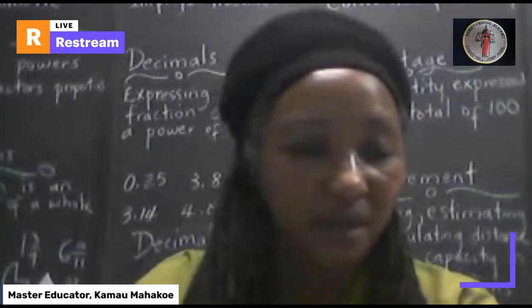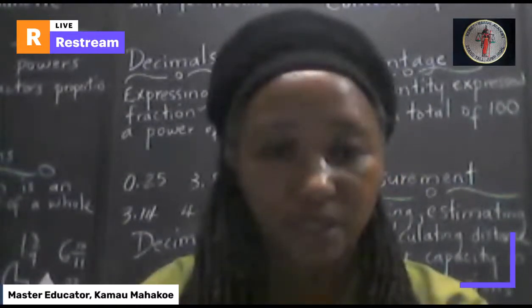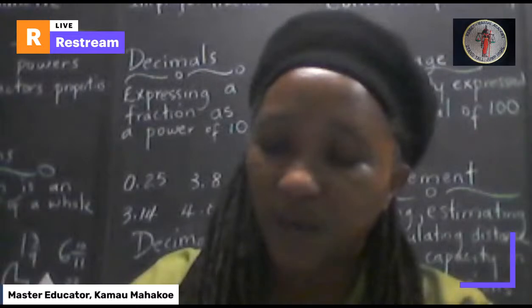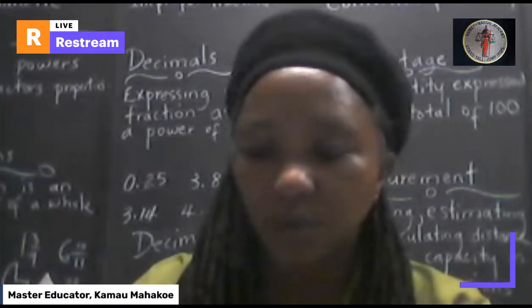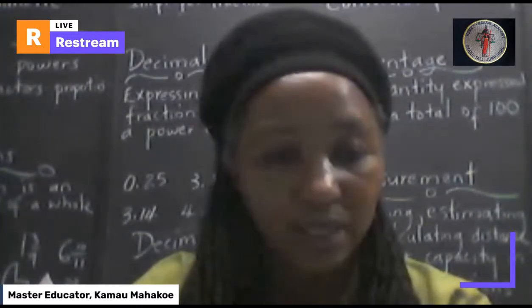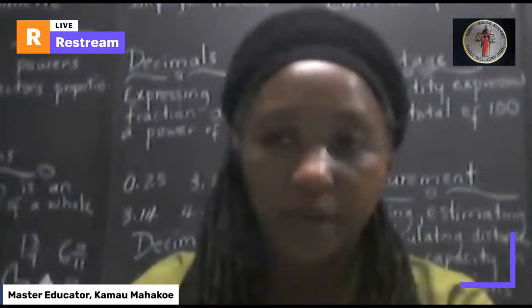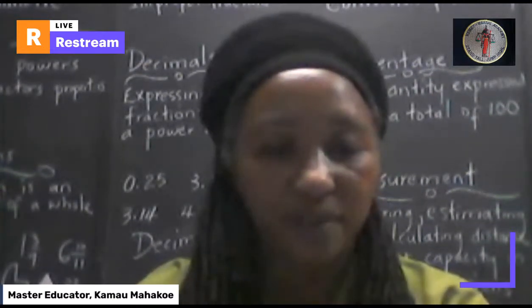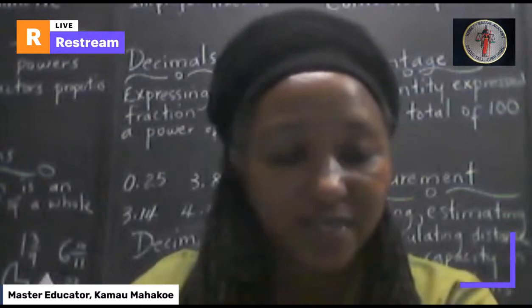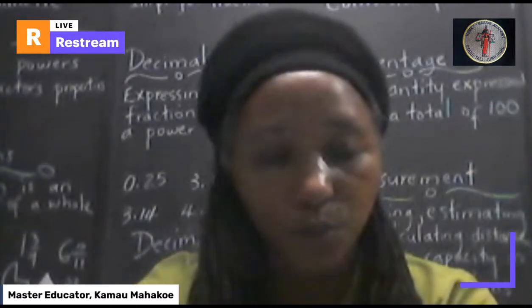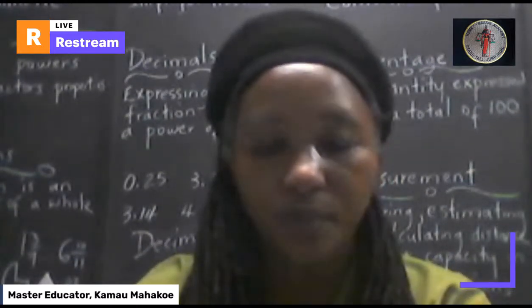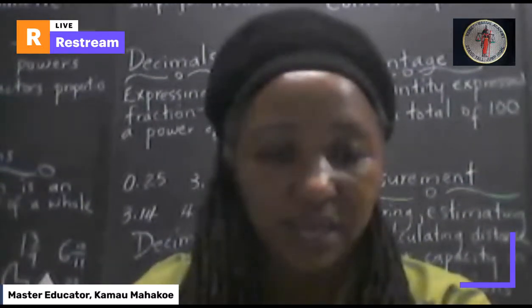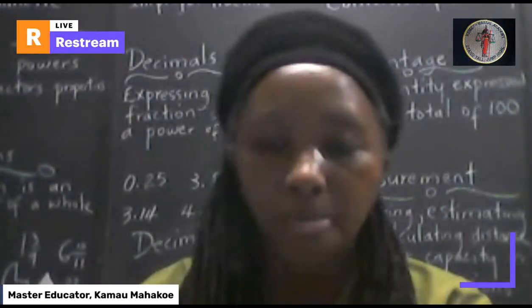So we are going to solve linear equations. A linear equation will have a variable with the highest power of 1. That means you're only going to see x or y or w, whatever the variable is. You're not going to see x squared, y squared, x cubed, and so on. We're going to solve linear equations that have one variable.